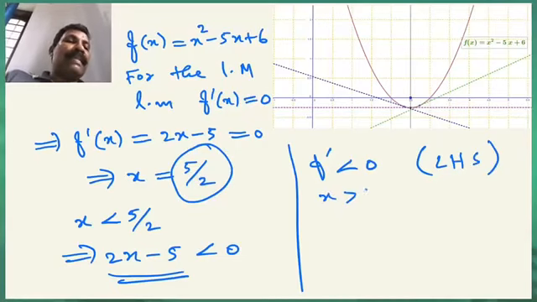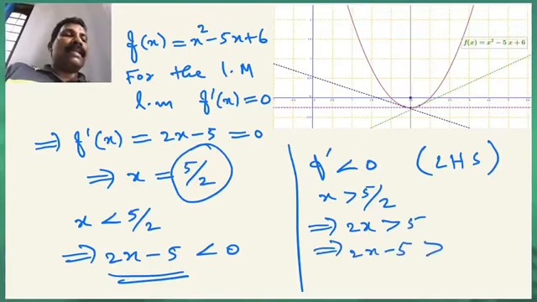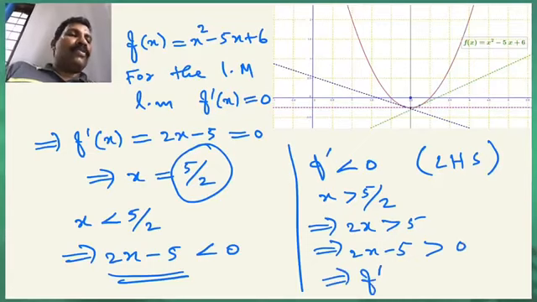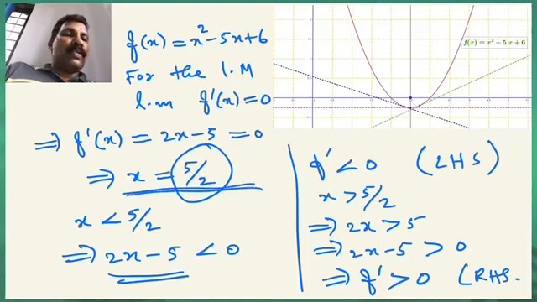And when x is greater than 5 by 2, then what happens? 2x is greater than 5, which implies 2x minus 5 is greater than 0, which implies the derivative f dash is greater than 0. That is happening on the right hand side. So we can conclude that when x equal to 5 by 2, the tangent is horizontal.